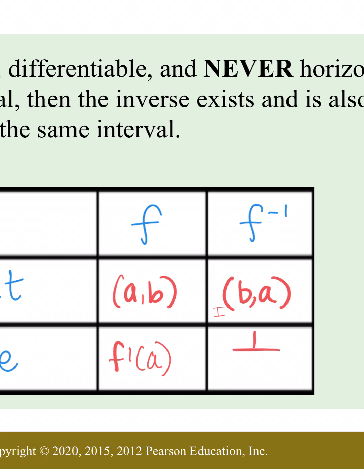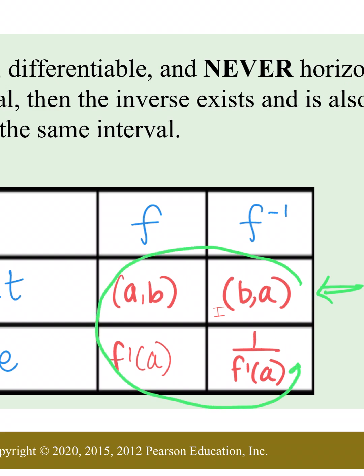So 1 over F prime of A. And then you have the slope that you need for the derivative of the inverse, excuse me. So start here. Work your way around and you will end up where you want to be.